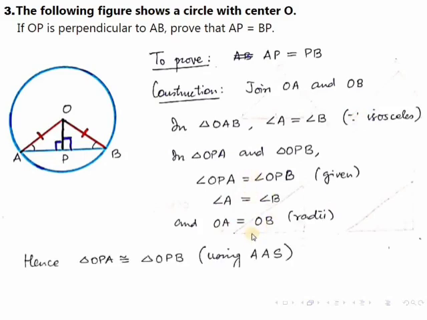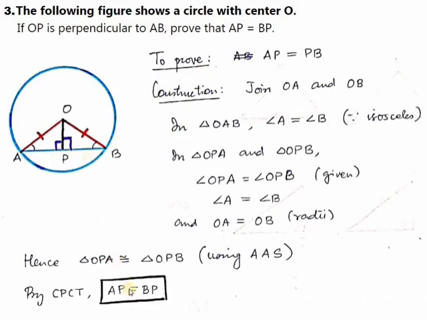So using AAS, these two triangles OPA and OPB are congruent to each other. By CPCT, corresponding parts of congruent triangles, we can say AP is equal to PB. So we have AP equals PB. You may pause the video and note down your solution.